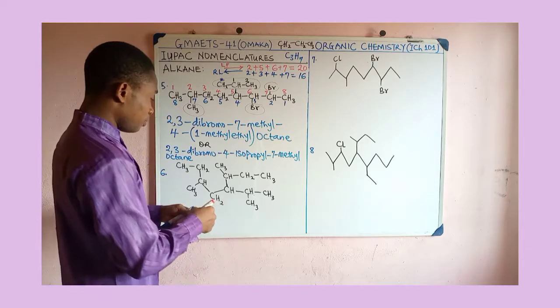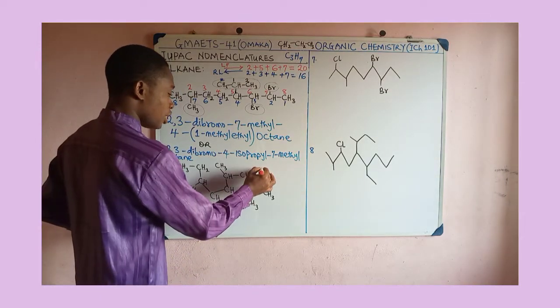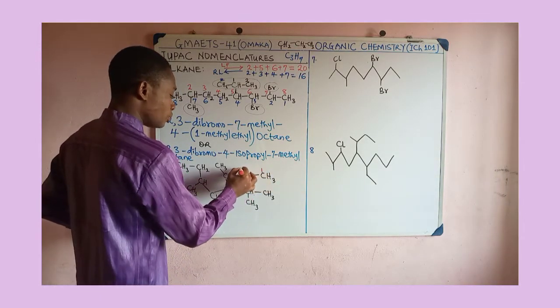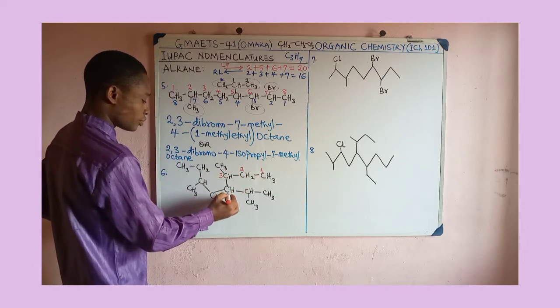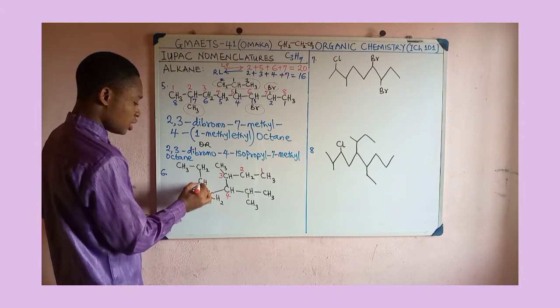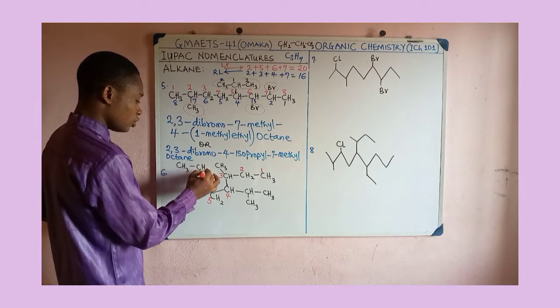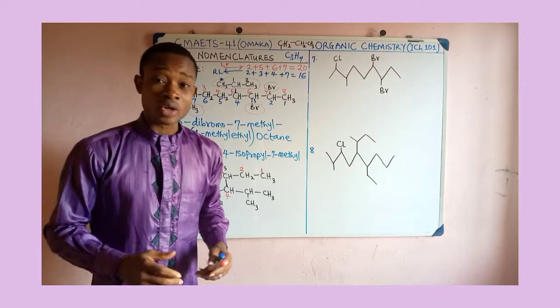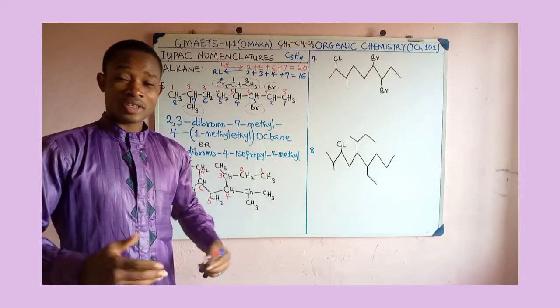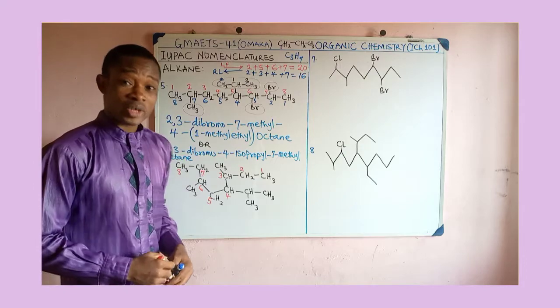You will agree with me that the correct order of numbering would be 1, 2, 3, 4, 5, 6, 7, and 8. So this is actually going to be an octane compound or octane alkane member.